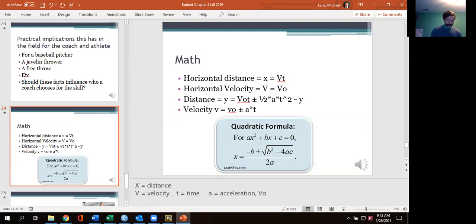V sub O equals the initial velocity. So that's why you see horizontal velocity doesn't change. Whatever the initial horizontal velocity is, the same as the final horizontal velocity.